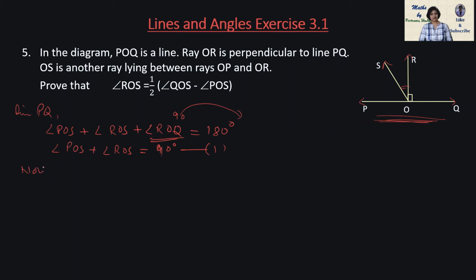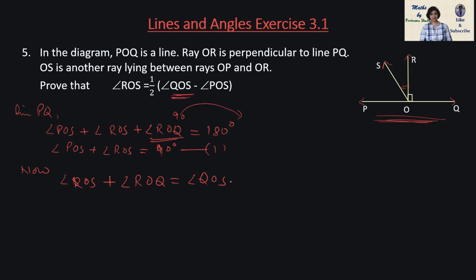Now we can write angle ROS plus angle ROQ equals angle QOS. Why did we take this angle? Because we have to prove it, so we have to take this angle.